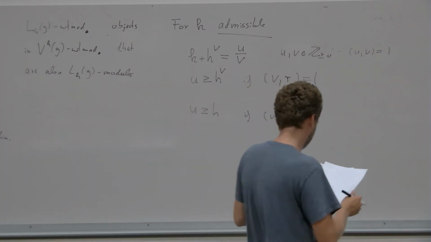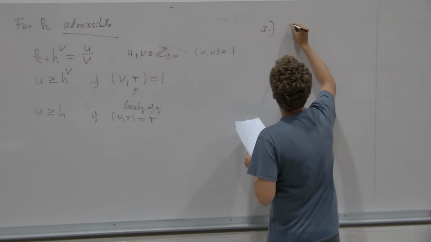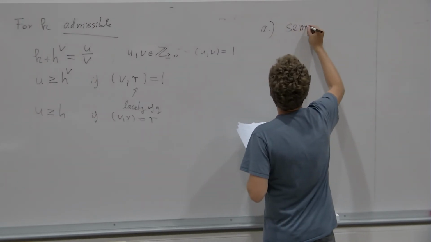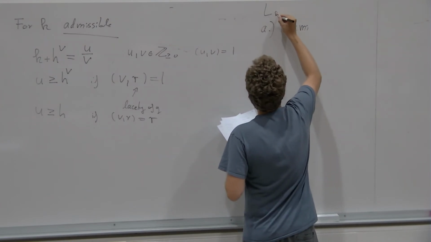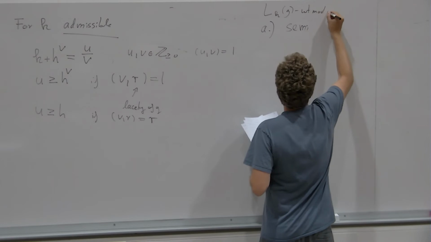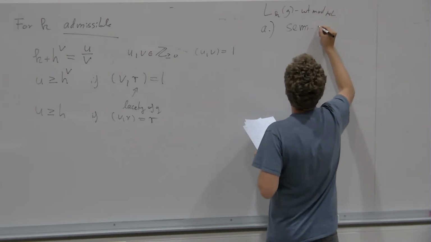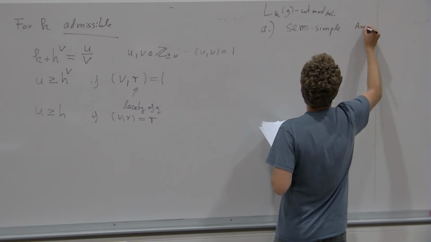Anyway, what kind of properties are known about this category? Now I start with the smallest one, the Kazhdan-Lusztig category. This category is known to be semisimple. This is a theorem by Arakawa.